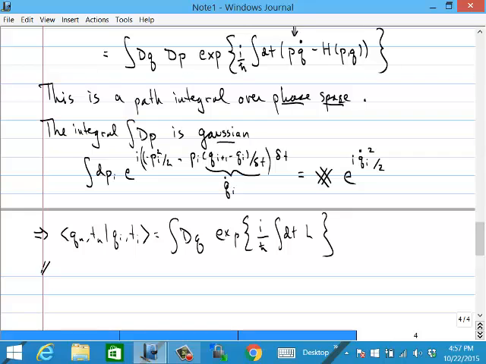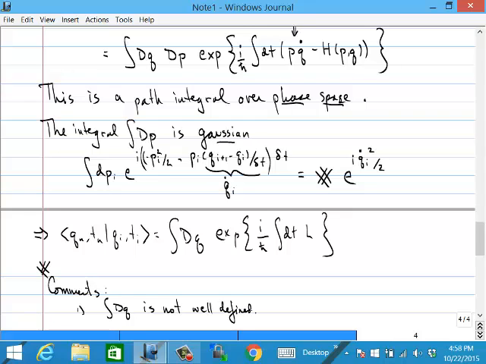I say that this is a little bit imprecise because I've been cavalier about taking limits and all of that stuff, and I haven't tried to define precisely what I mean by an integral over a space of functions. And indeed, one of the first comments that I would like to make is that, in general, an integral over a space of functions is not mathematically a completely well-defined object.